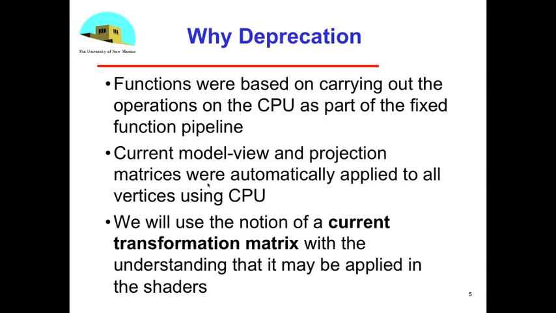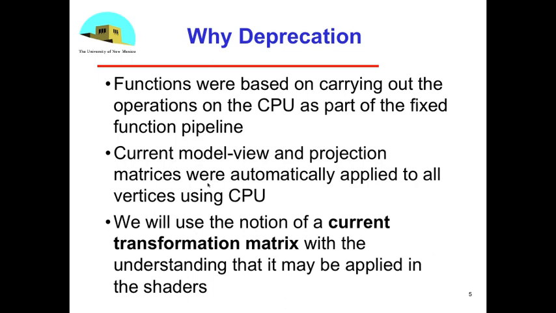They seem like such useful functions. Why are they gone? Well, the main reason is that these functions operated in the CPU. So what they did is, if you set a model view matrix, that model view matrix would automatically apply to all the vertices, and it would be carried out in the CPU as the vertices were defined by deprecated functions like glVertex. And so same thing with the projection matrix.